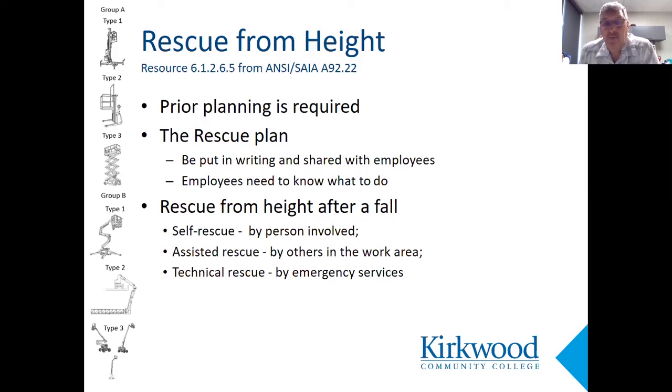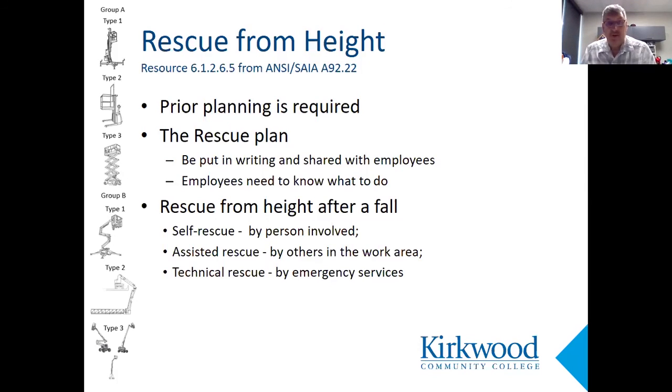They talk to the fire department about the capacity to do rescue and develop a plan. Then everybody in that area knows what the plan is. If we do have to go up and rescue somebody, and people aren't trained on that, you really have to hesitate on allowing them to do that.